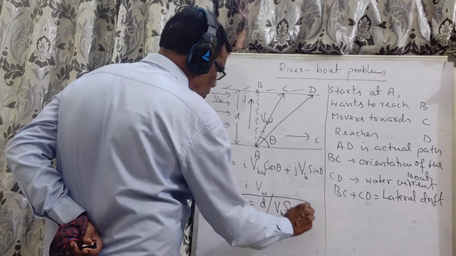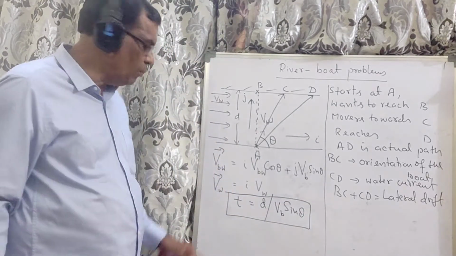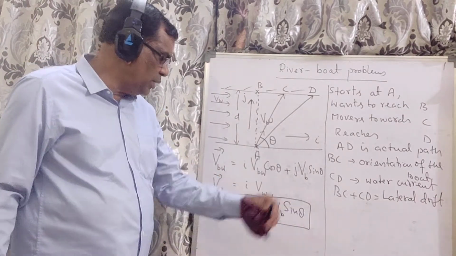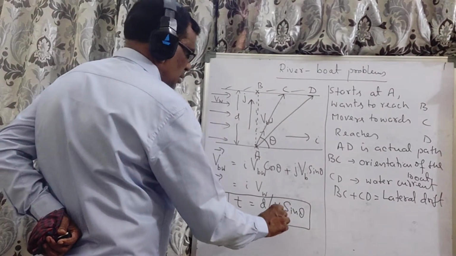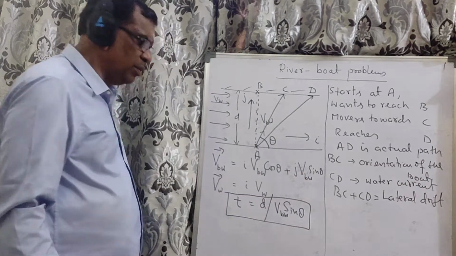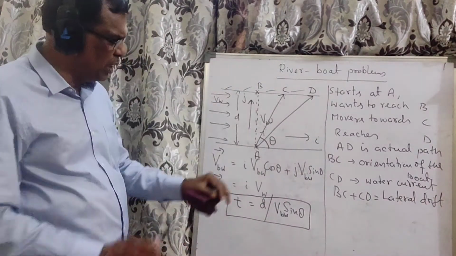Hope there is no issue in this. T is equal to D upon VBW sin theta. Okay. Now you got the time.